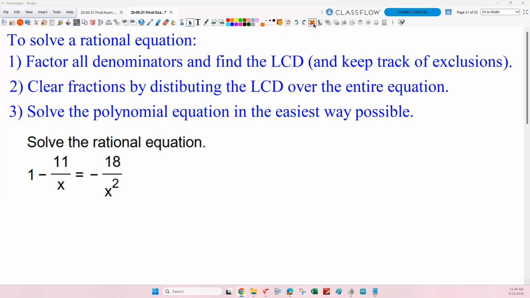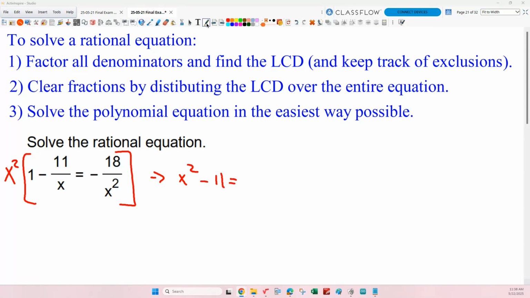So what would my LCD be here? x squared. So I can just multiply everything by x squared. So if I do 1 times x squared, we get x squared. And then if I do 11 over x times x squared, 11x.